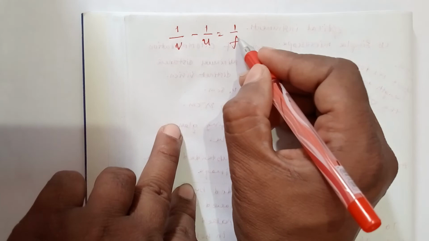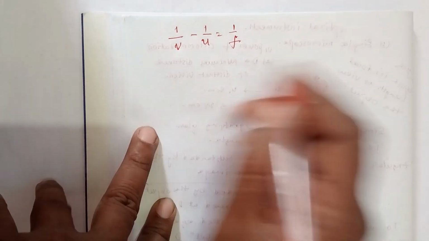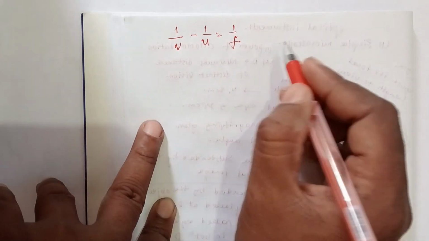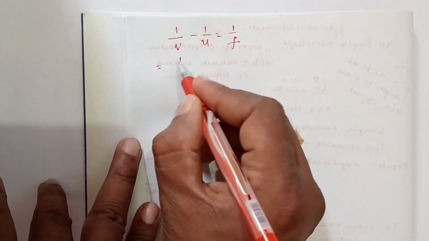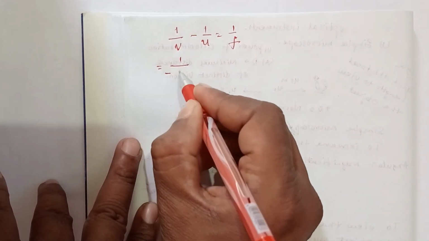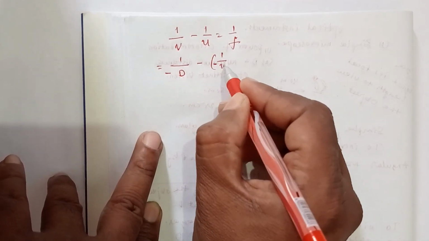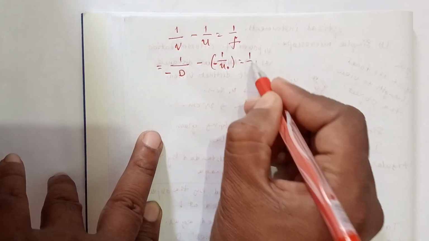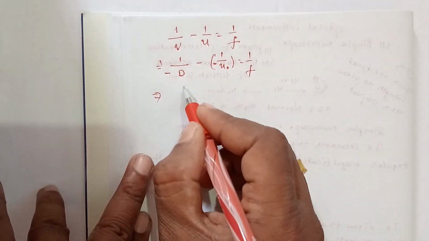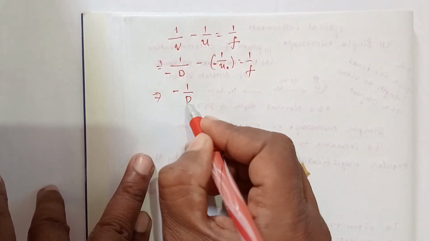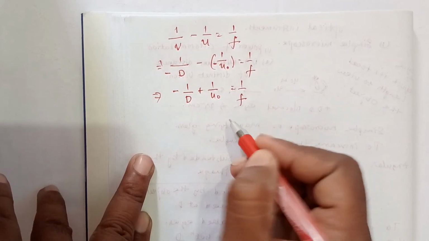The v, u and f are already known to us, so this can be substituted by the values: 1 by minus D minus 1 by minus u naught is equal to 1 by f. The equation can be modified to 1 by D plus 1 by u naught is equal to 1 by f.